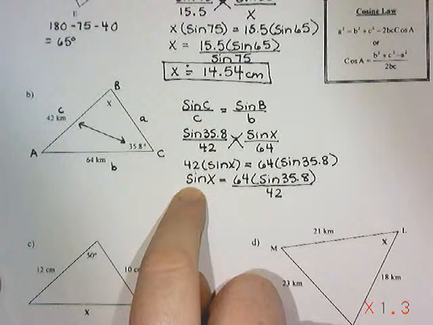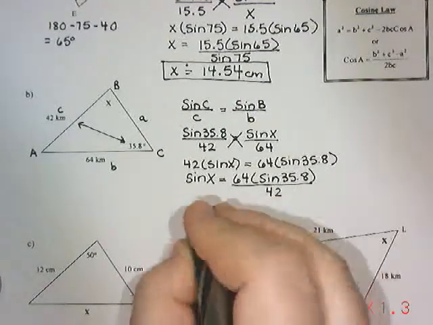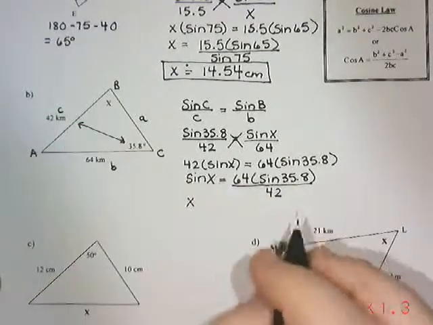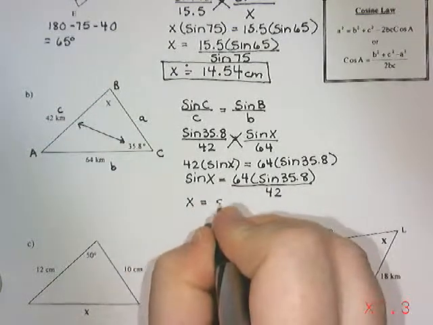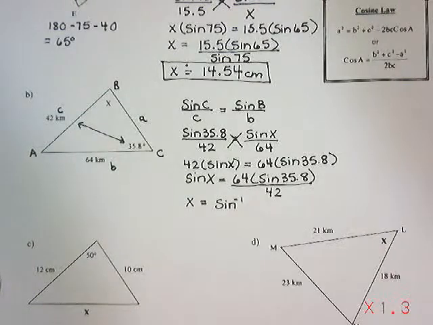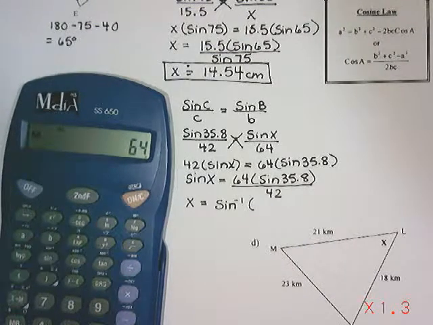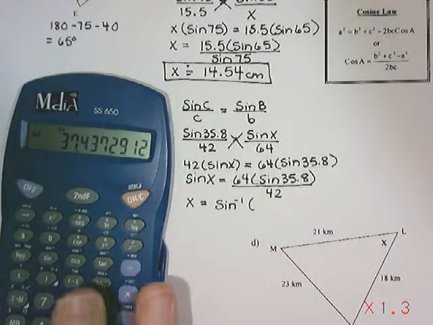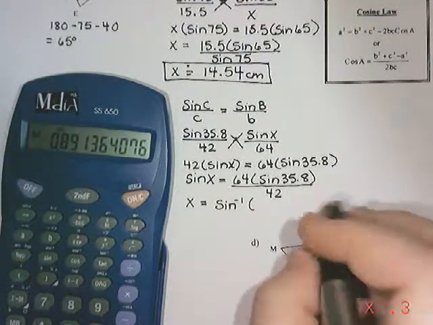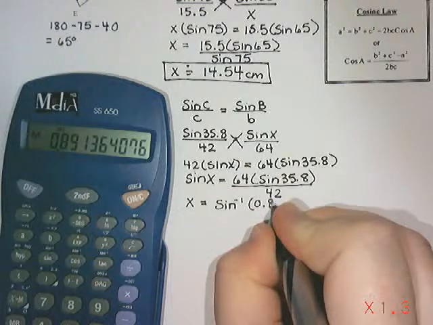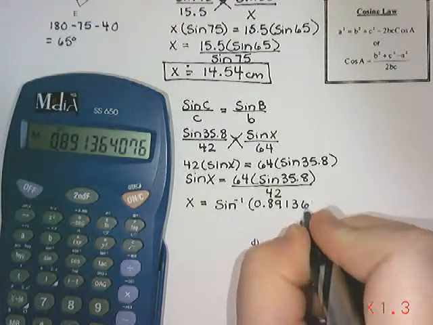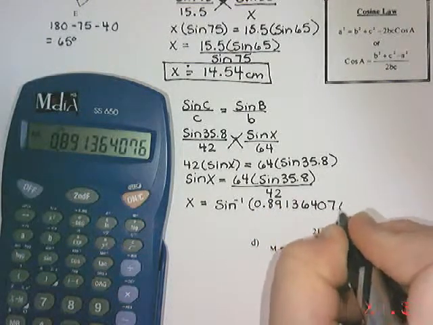To get rid of the sine, it's a sine without a number, it's just sine of x, we're going to do the inverse sine. Also, I am solving for an angle, so that's how I know when to do the inverse sine. And actually, let's work out this number as a decimal just to make it a little easier here. So 64 times sine of 35.8 divided by 42 gives me 0.891364076.